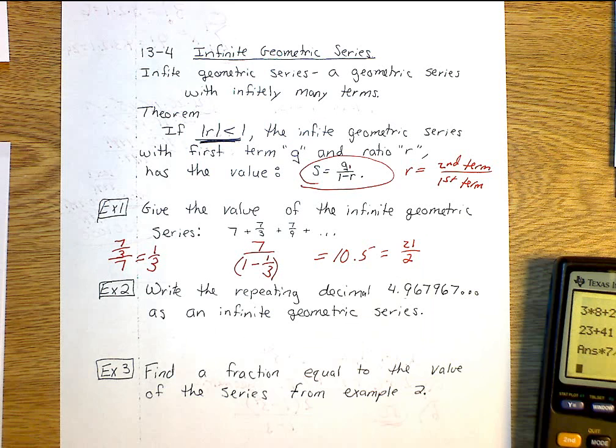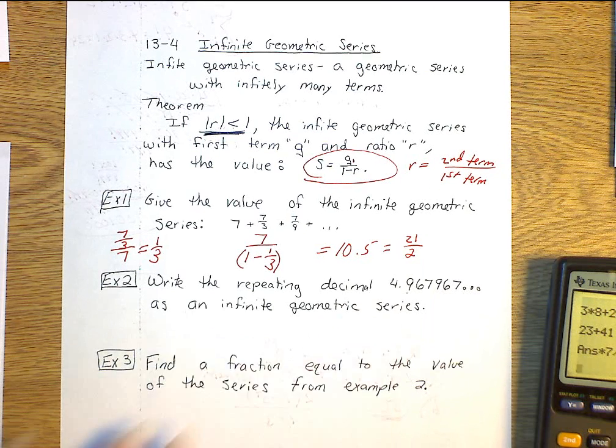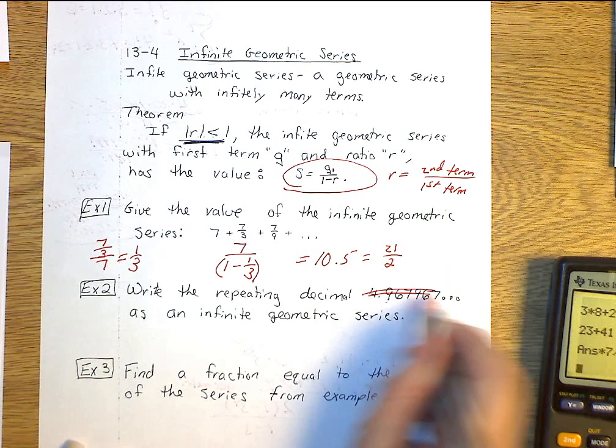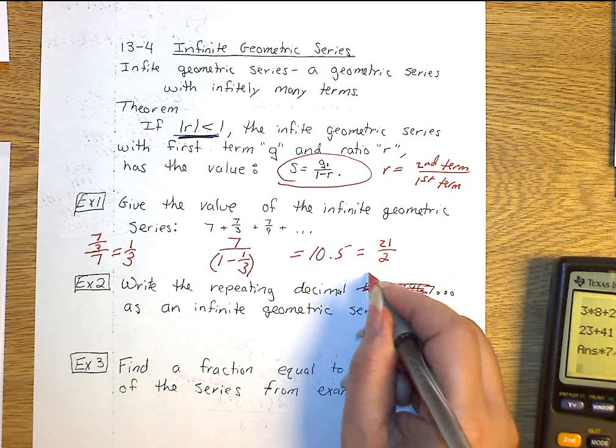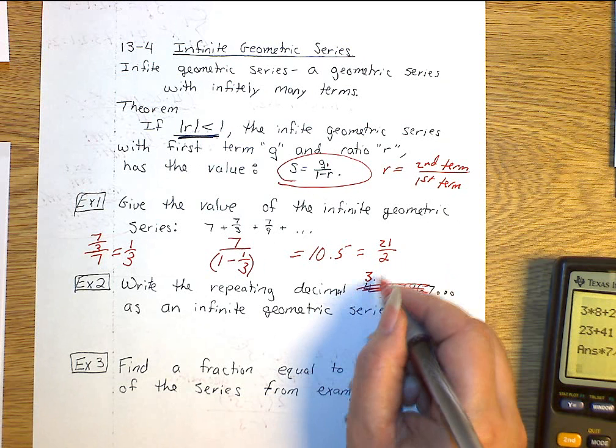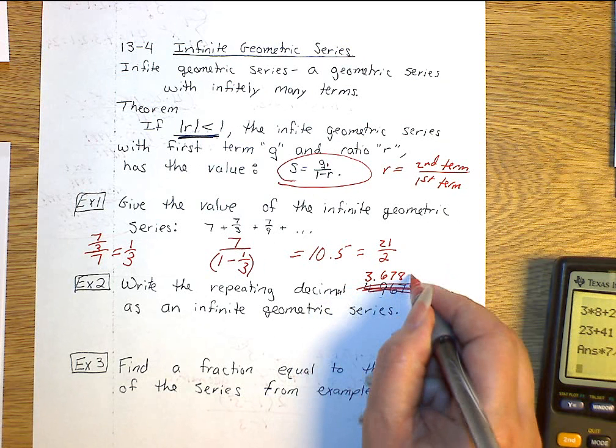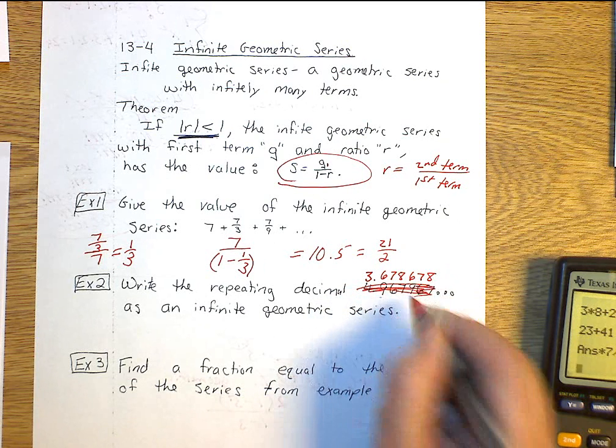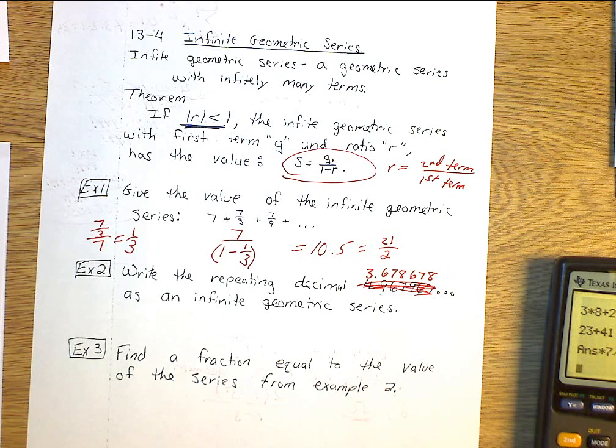Now, in your calculators, do you know how when you have a repeating decimal, actually we're going to change this because this is your homework number. I'm not going to do your homework number. So put 3.678678. If you had the number 3.678678, you all know that that can be written as a fraction. You've all learned that that can be written as a fraction because it's a repeating decimal.